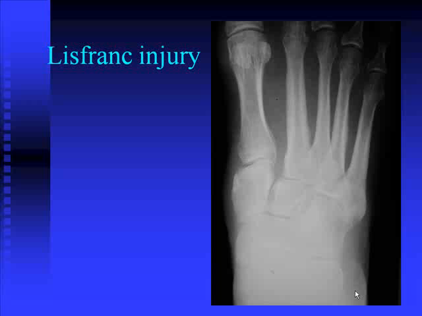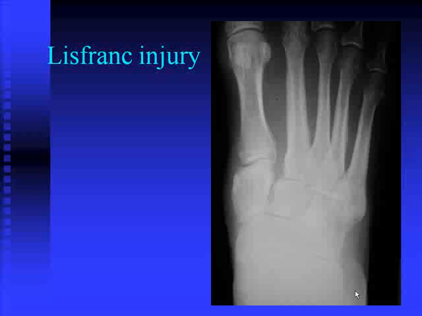Now, one of the problems with Lisfranc injury is radiographic interpretation. And here you can see there's a gap, obviously, between the first and second. And the second metatarsal is displaced lateral in relationship to the medial cuneiform. And remember, there's no ligament here.